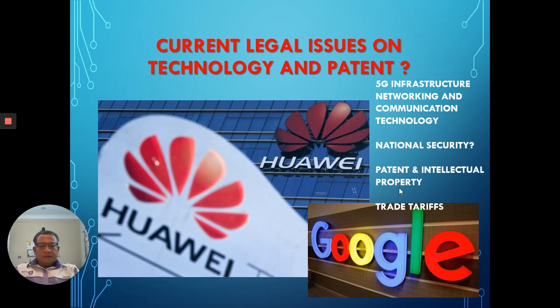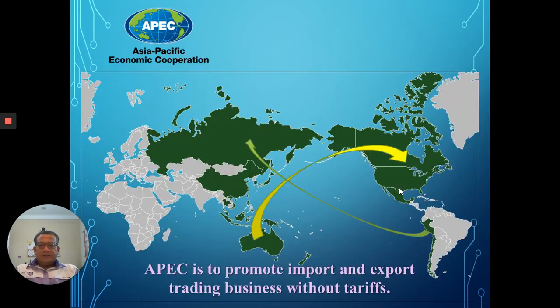This trade tariff issue is not new in global international business, because in the previous movement, many countries, including the G7 countries, promoted free trade between countries in the name of APEC, Asia Pacific Economic Cooperation.